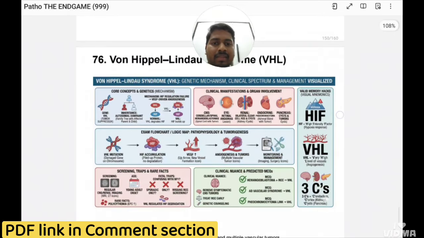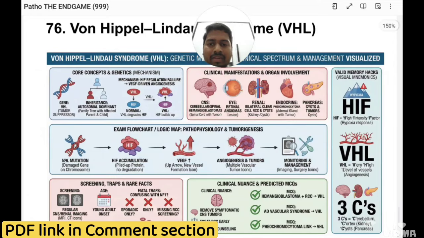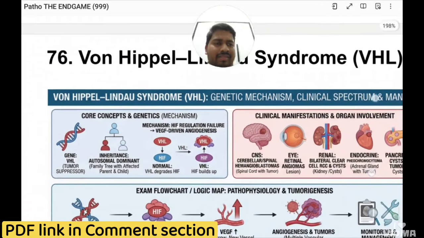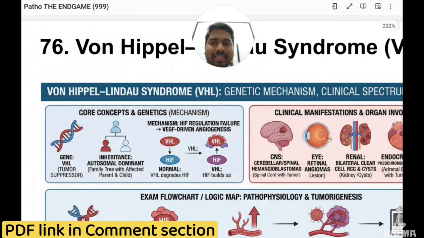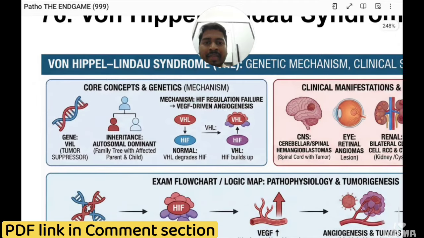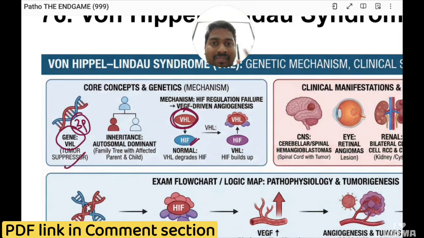Now next we'll go to Von Hippel-Lindau disease, from which many questions are asked, especially from the pathology point of view. Here the problem is with the VHL gene. VHL gene is on chromosome 3p. You know where else this is implicated? In renal cell carcinoma also. Basically it's a tumor suppressor gene which regulates HIF, which is nothing but hypoxia inducible factor.